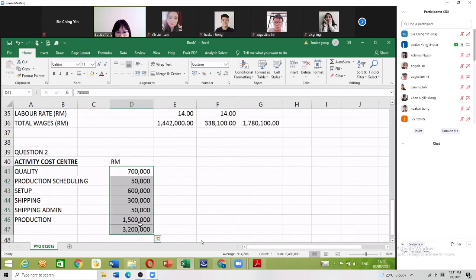So this is 3.2 million, your activity cost center.